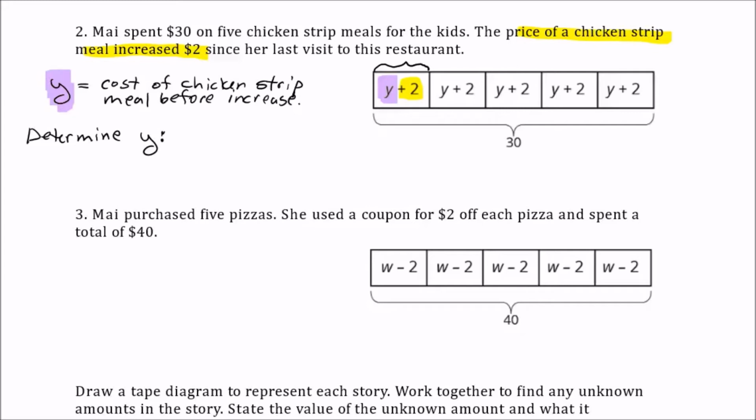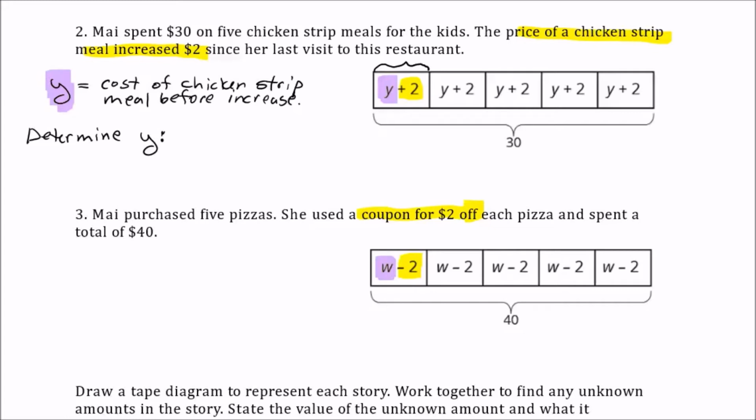Mia purchased 5 pizzas. She used a coupon for $2 off each pizza and spent a total of $40. So what is this value? What does it represent? The coupon for $2 off is demonstrated here.